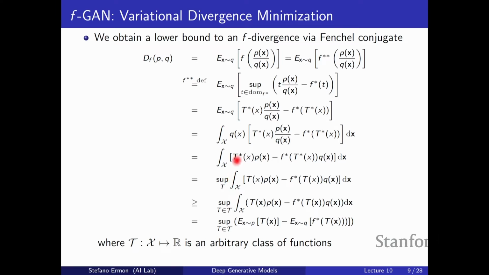Okay, this one. Yeah, this is basically saying that there is going to be an optimal T star for every X. If you are allowed to have an arbitrarily complicated function that just maps every X to the corresponding T star of X, then you get the same result.